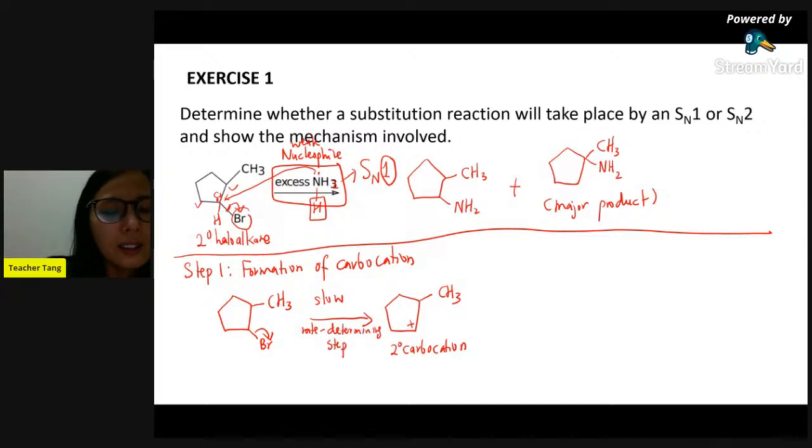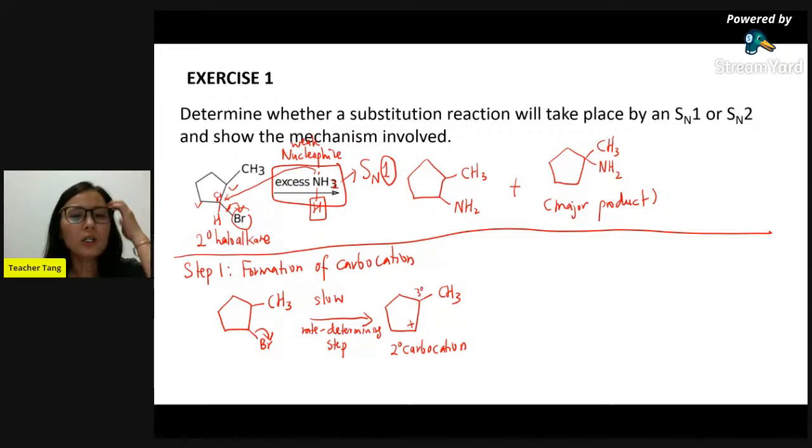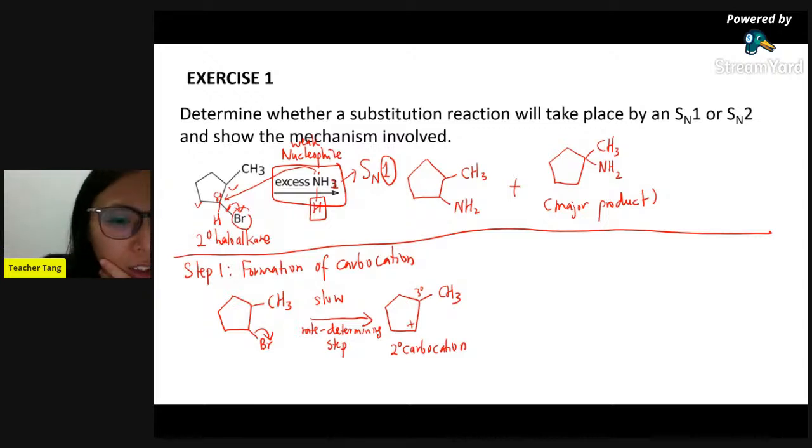And look at the carbon here. This is the carbon next to the one carrying the positive charge. This carbon is a tertiary carbon, so it means that rearrangement is possible. Again, it will move the hydrogen instead of methyl because it is smaller. So move here.